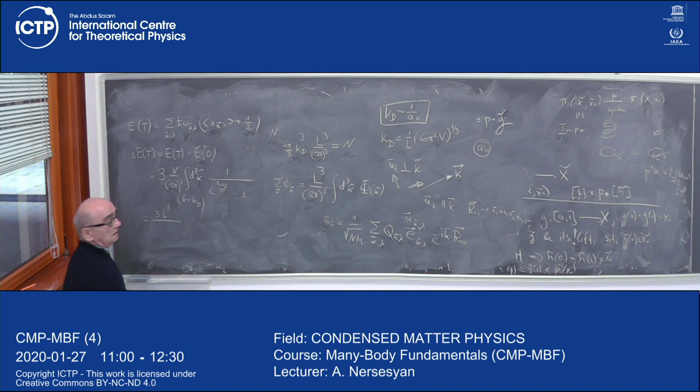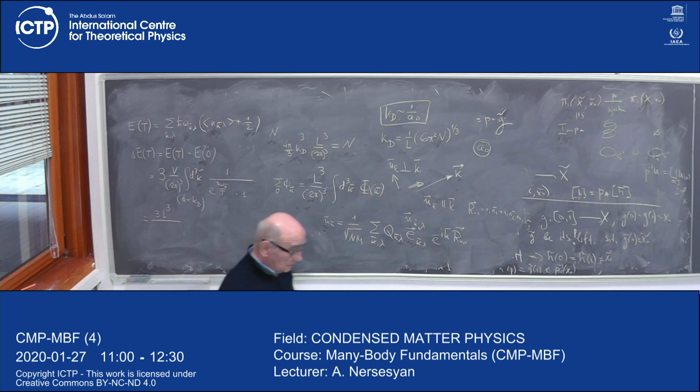Shouldn't we be using the H bar omega also in the integral? Well, we will be using H bar, or we will not be using the H bar in the end of the day. Why are you asking that? No, the average of n is the Bose distribution, but the omega k, shouldn't we be using it in the integral also?